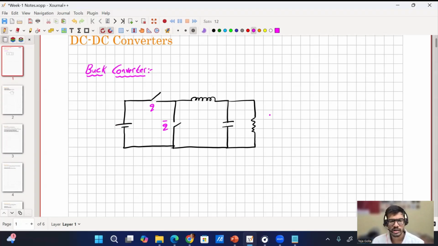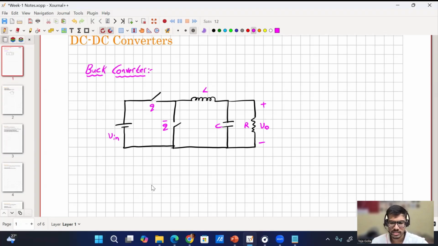What happens if I close both the switches? The supply will be shorted. Yes. If I turn on both the switches, then the supply is basically shorted, so we are short circuiting the supply. That's why it is very critical to not turn on both.